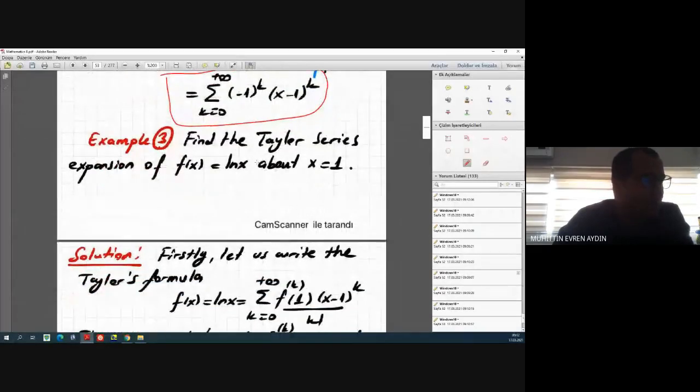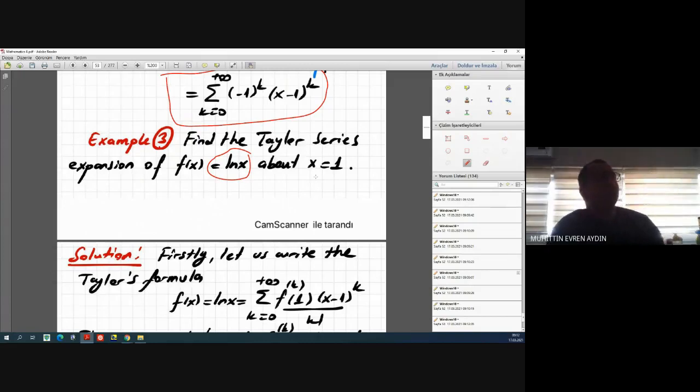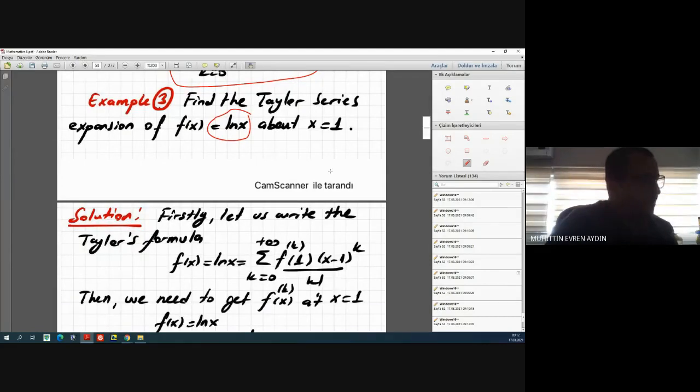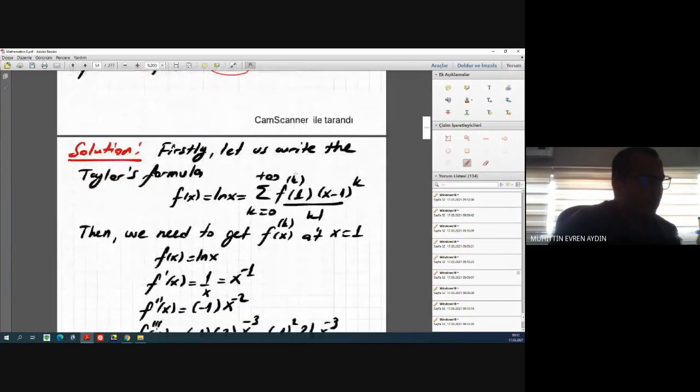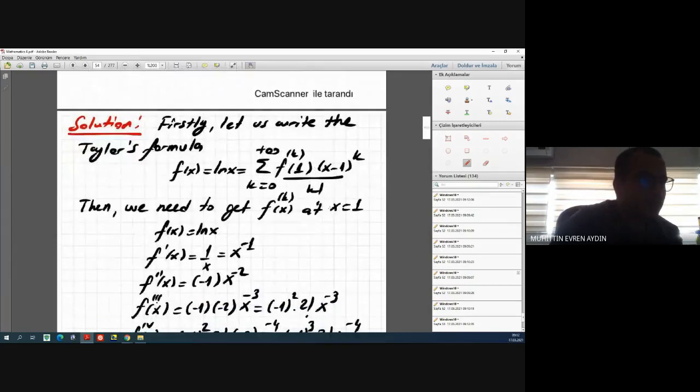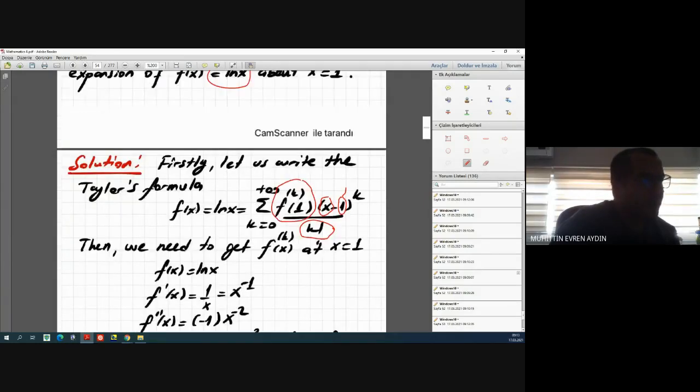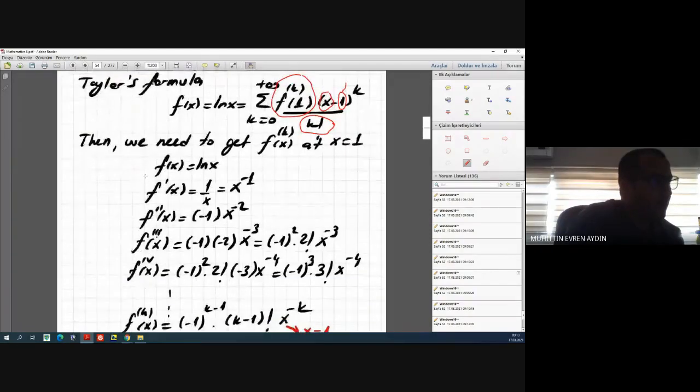Another example: find the Taylor series expansion of the function logarithm x at the point x equals 1. Okay. As you can see, here is same. This value already was given in the problem. The only part we have to find is those derivatives. So we have a simple function. f of x equals logarithm x.